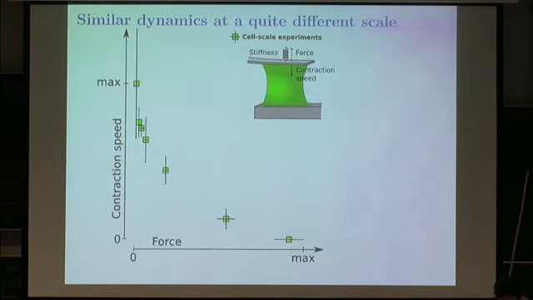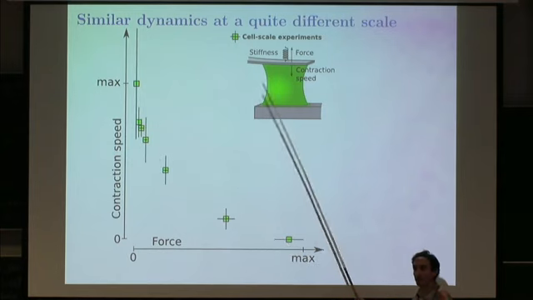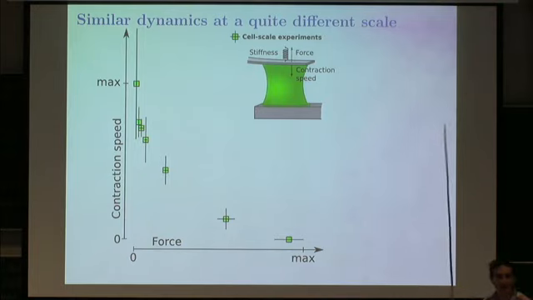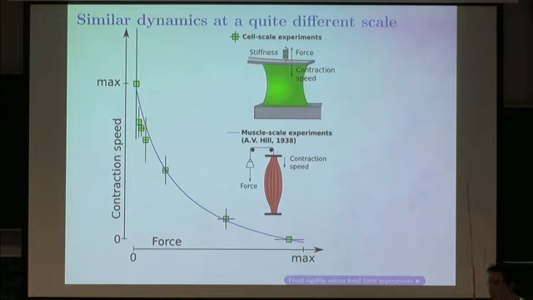And now, because I was talking about this cyclist, let's go maybe to the muscle. If we plot the contraction speed against the force, how fast the cell contracts the microplates at a given force level, then we are replotting something that Hill did in 1938 with whole muscles.